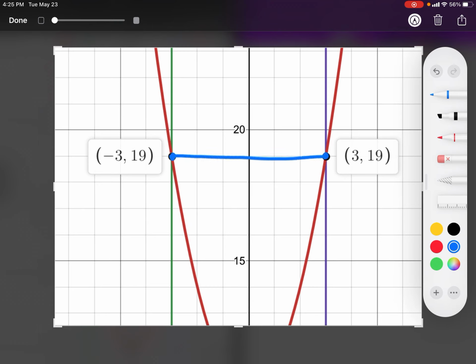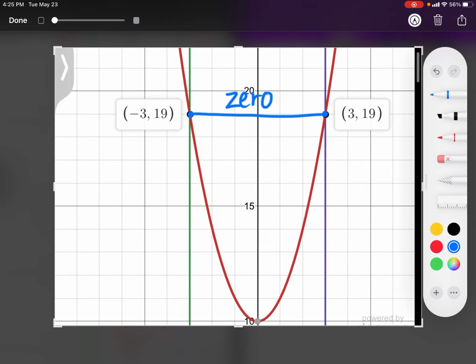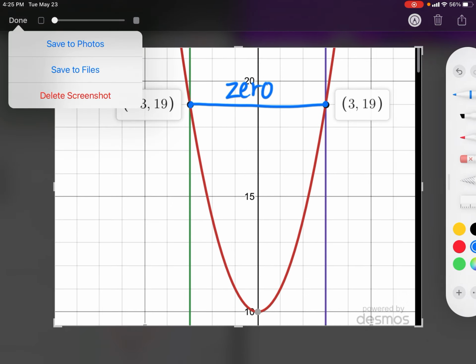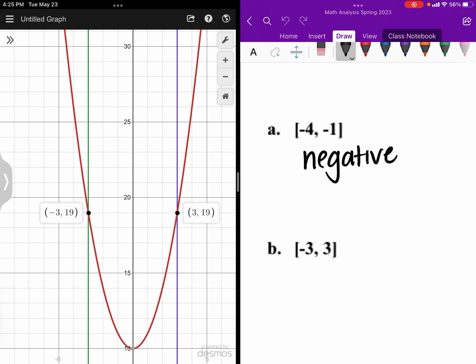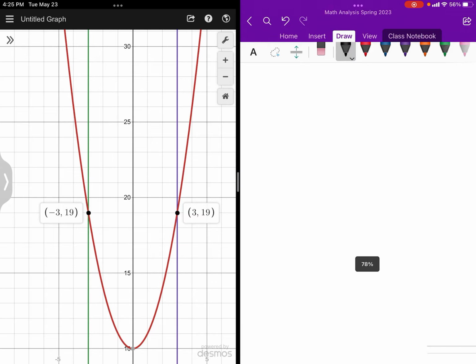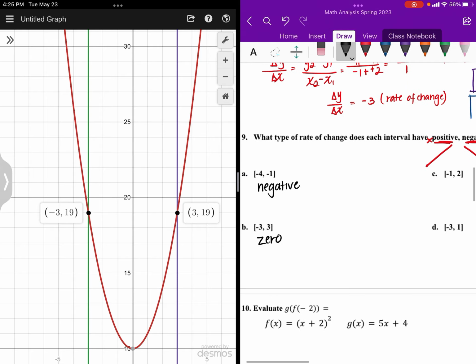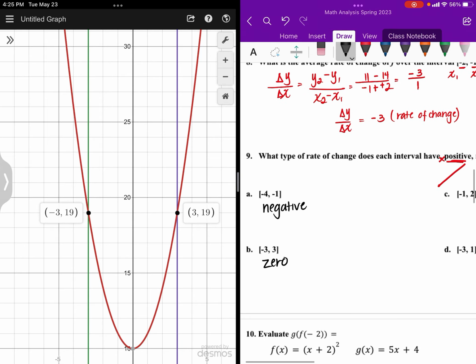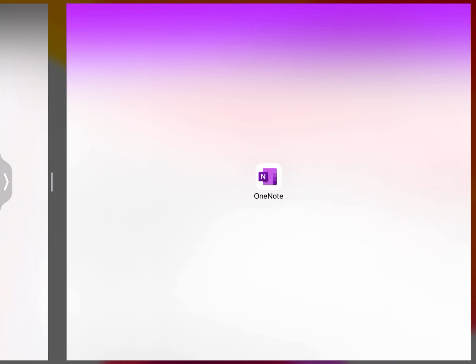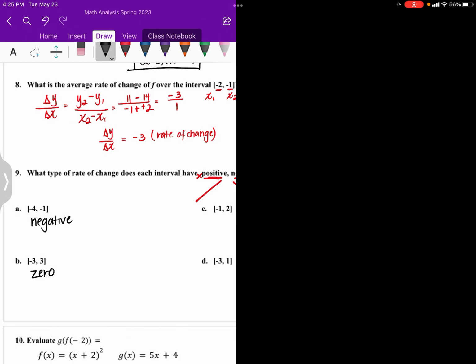And notice in this case, that is a straight line. The slope on this one would actually be 0. So if you were to solve for this by hand, we should actually be getting a 0 as our answer. Okay, so this one is 0. From there, go ahead and do the same thing for the other ones. Go ahead and graph it, and then you'll be able to identify those points there. Identify what direction it's moving.